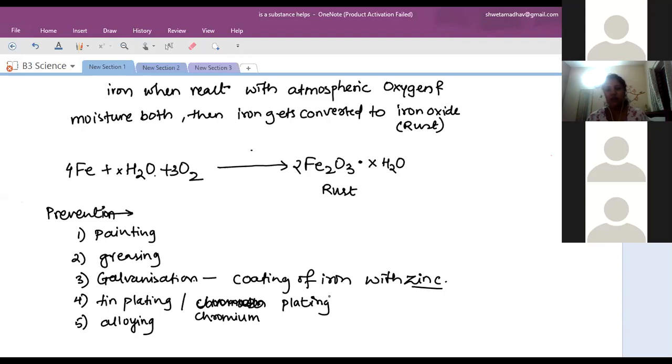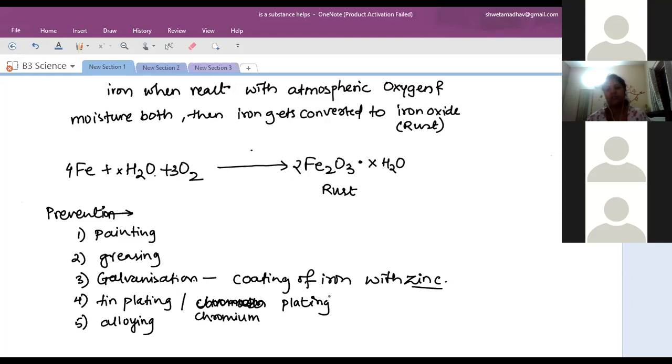And alloying means mixing of iron with some other metals. Generally in iron, carbon is added. When carbon is added to iron, we call it normal steel or carbon steel. Nickel steel is there, chromium steel is available, and then stainless steel is available.